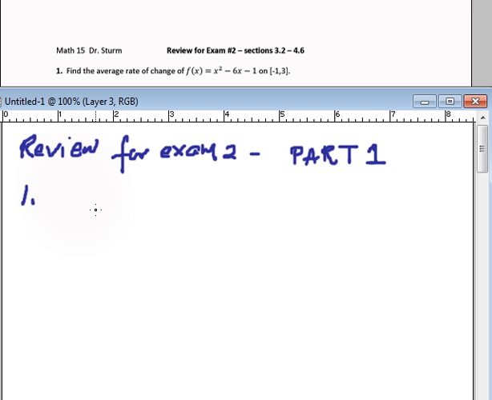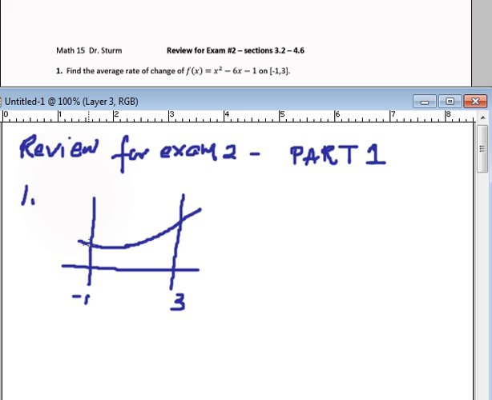Alright, so here's the picture. If we have a function defined on an interval, like this one, let's say minus 1, 3, and I'm not drawing this particular function. So the average rate of change is equal to the slope of the line that connects these 2 points.